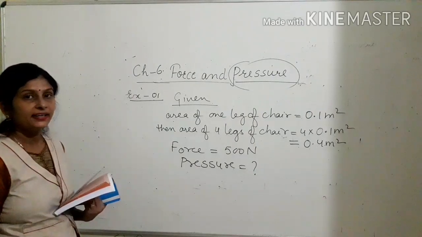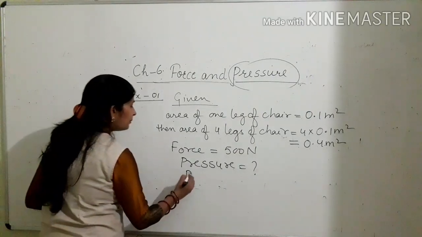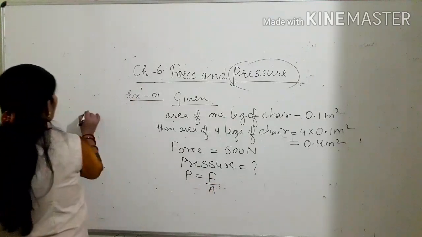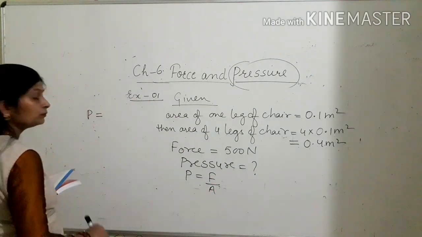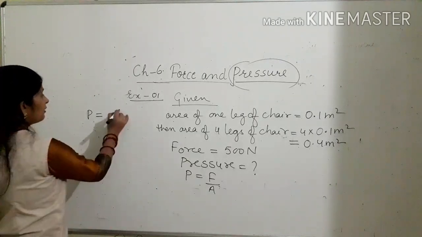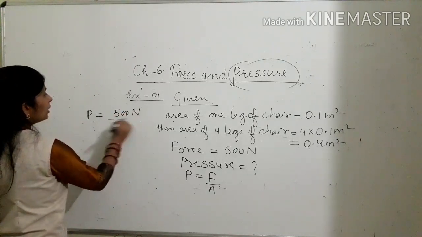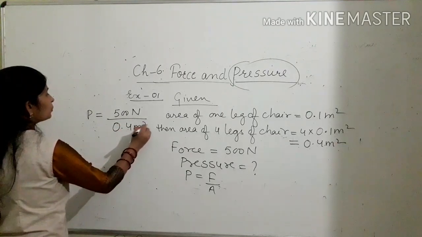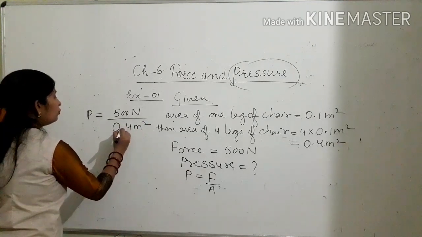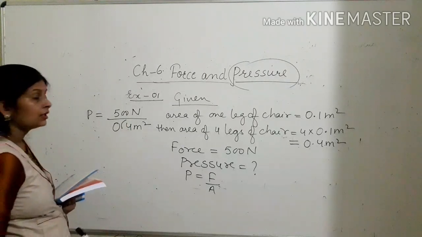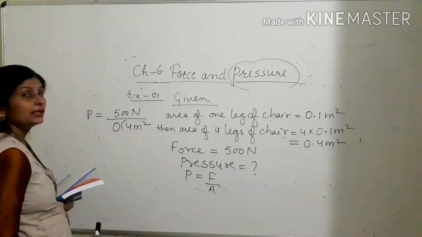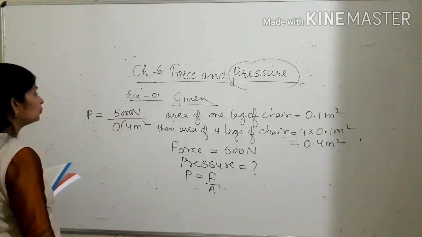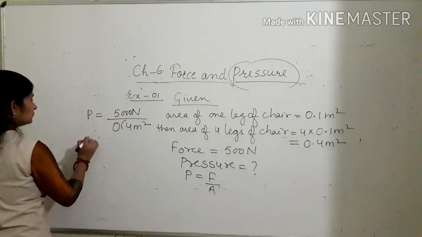We all know that pressure is equal to force upon area. Pressure is equal to force 500 Newton upon area 0.4 meter square. Remove the decimal. After the decimal there is one digit, so we will multiply by 10 in numerator and denominator.